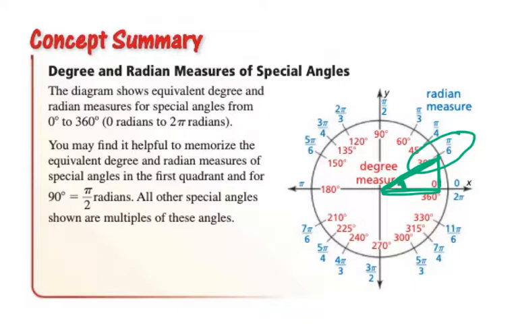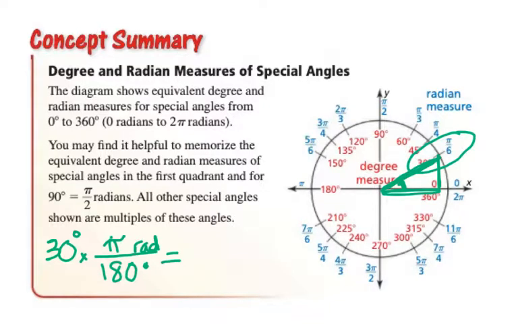So say I have 30 degrees and I want to know what it is in radians. Well, I'm going to do this simple conversion. I want to cancel out the degrees, and I want it to be equal to radians. So 180 degrees is equal to pi radians.